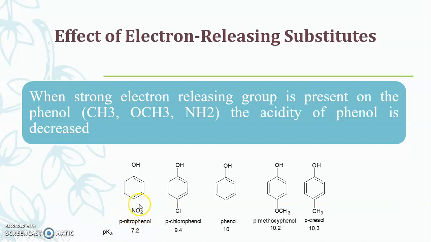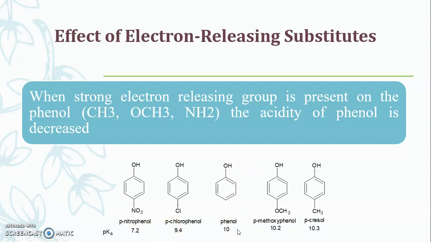The nitro group is a stronger electron withdrawing group, due to which this compound is more acidic. Next to this is the chlorine group. The chlorine group is also electron withdrawing. That's why, as we compare the acidity of parachlorophenol and phenol, this is more acidic, as we can see from the pKa value.